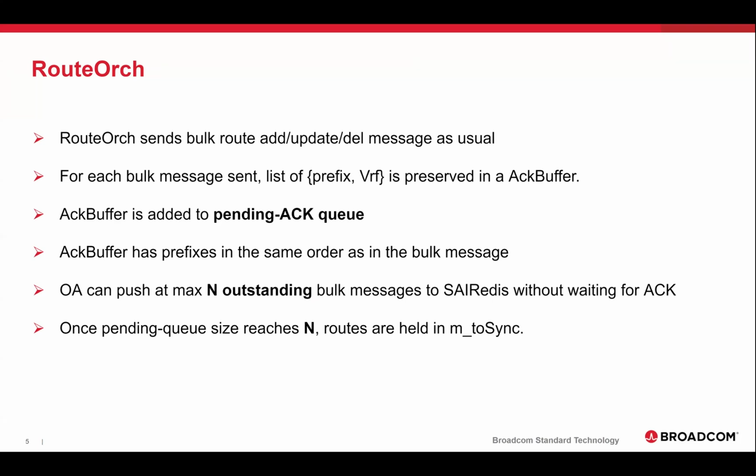We have put a limit on how many bulk messages can be sent to syncd before it gets a response for the first one. We can tune that limit, meaning how many pending messages we can keep in the queue. Once we reach that limit, OA will not process or send any more bulk requests. It will keep the routes in the M2 sync queue.